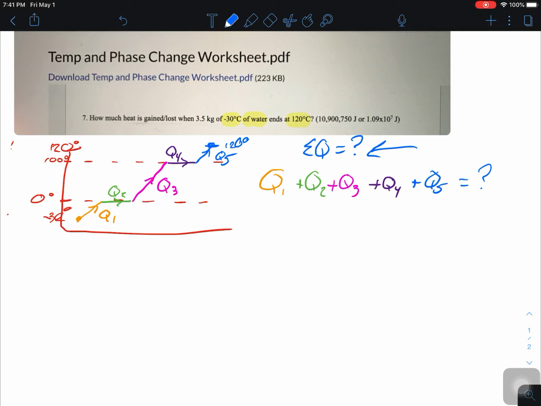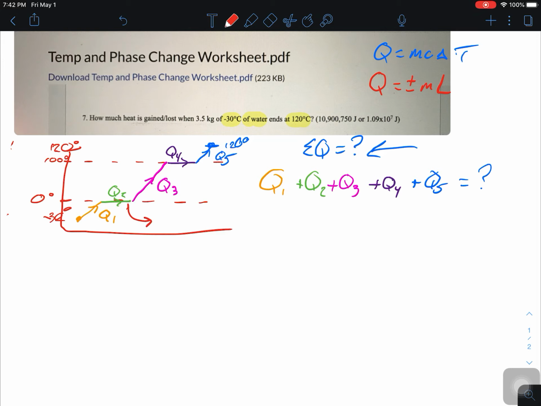So when we go through, we can look and say, hey, well, what is Q1? It's a temperature change. So our equations that we have here is we have Q is equal to MC delta T, or we have Q is equal to plus or minus M times L. And the reason we use M times L is for a phase change.